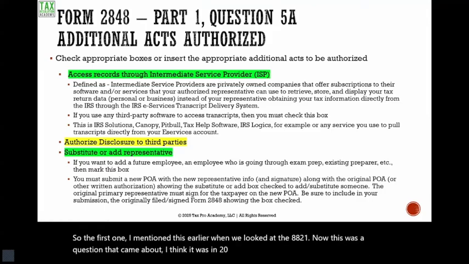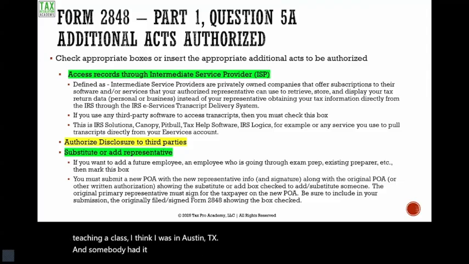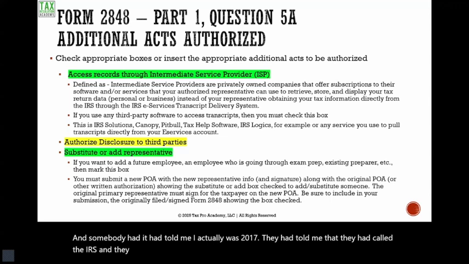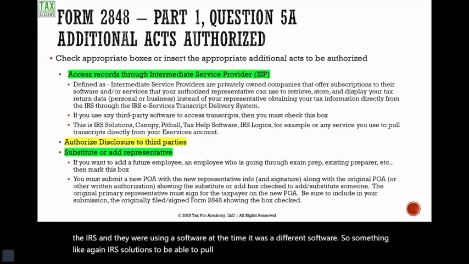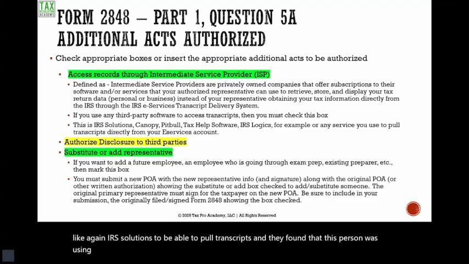I actually had somebody when I was teaching a class, I think I was in Austin, Texas, and actually it was 2017, they told me that they had called the IRS and they were using software, at the time a different software, something like IRS Solutions, to be able to pull transcripts. And they found that this person was using it, and I never saw or heard anything more.